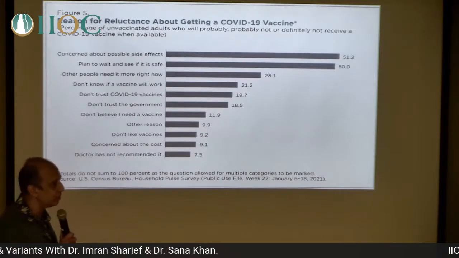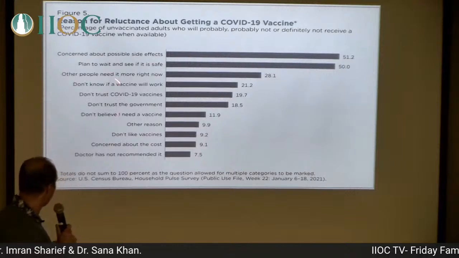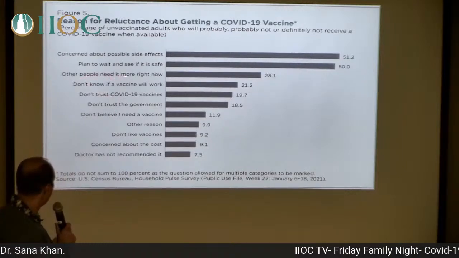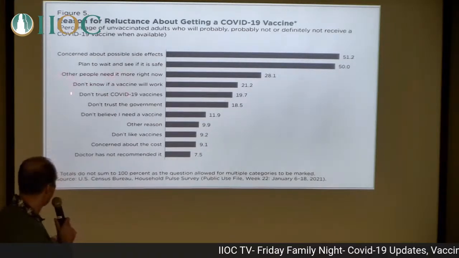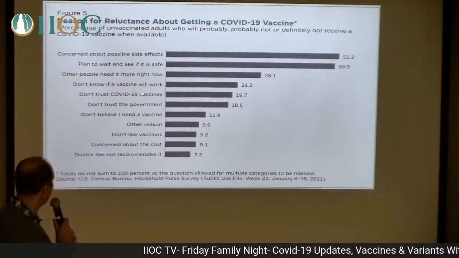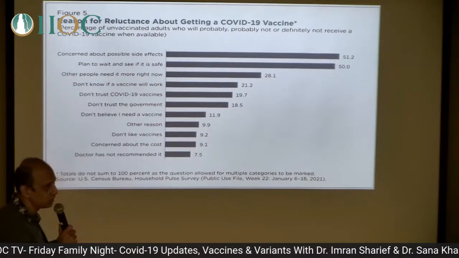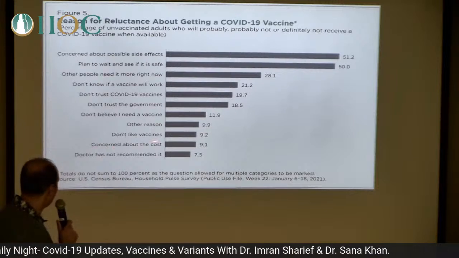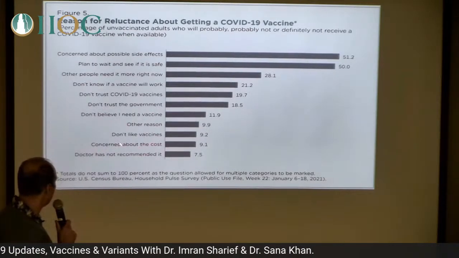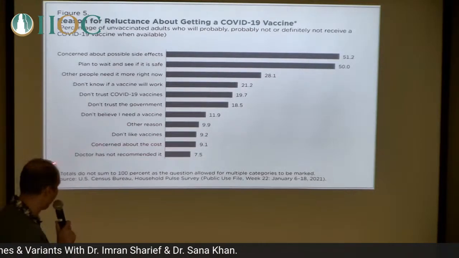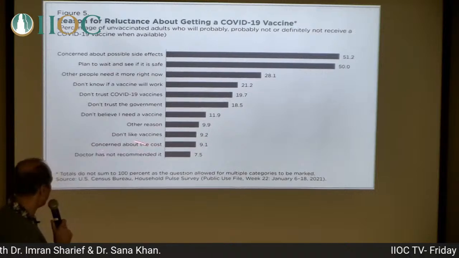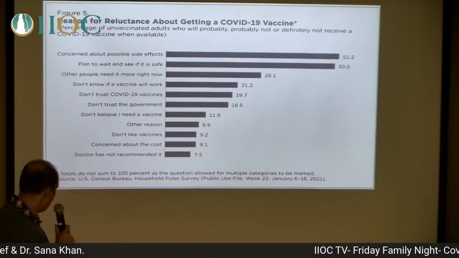If not, then they will be willing to. People need more information. They don't trust the COVID-19 vaccine. They don't trust the government. So there's not much you can do about all these things. Don't like the vaccine, concerned about the cost. That's not an issue because it's freely available. And doctor has not recommended. That's not the case.